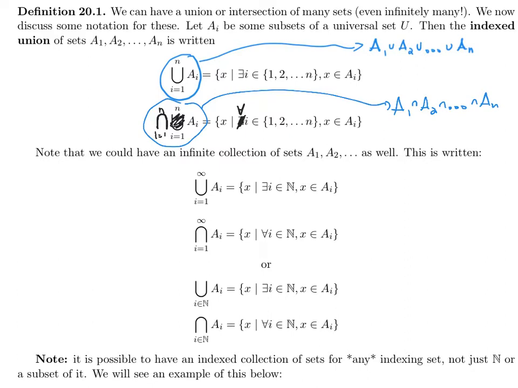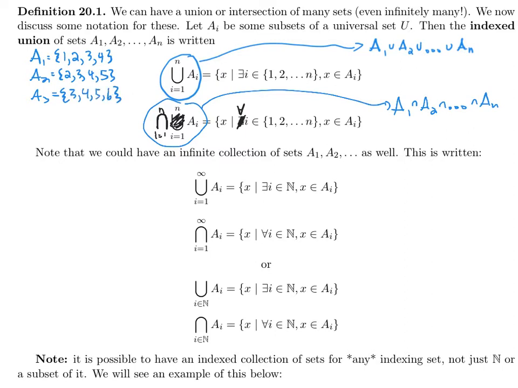Let me give you guys a little small example just with three sets. So let's say that A1 is going to be the set 1, 2, 3, 4. A2 is going to be the set 2, 3, 4, 5. And A3 is going to be the set 3, 4, 5, 6.